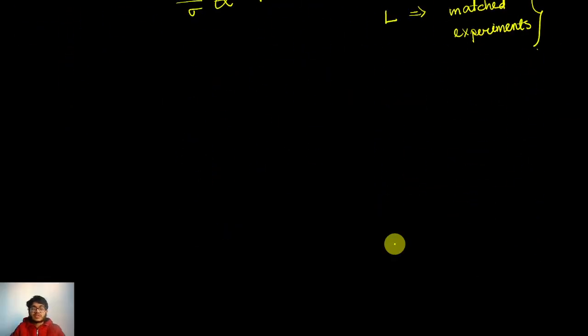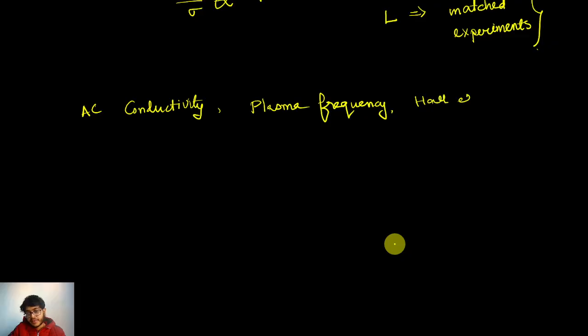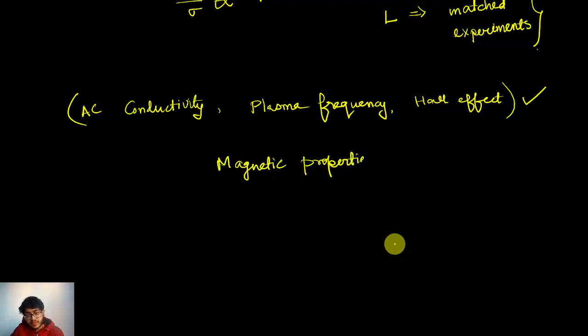So what we will see is something called AC conductivity. You will see something called the plasma frequency. We will see something called the Hall effect. These were things in which Drude's model was very successful, and we will also see the magnetic effects, the magnetic properties of matter, where Drude's model was a failure.